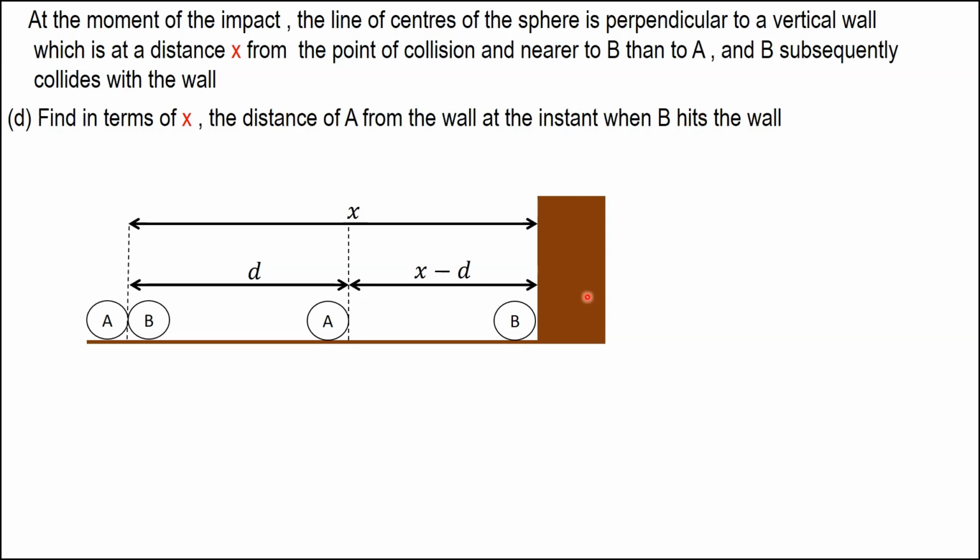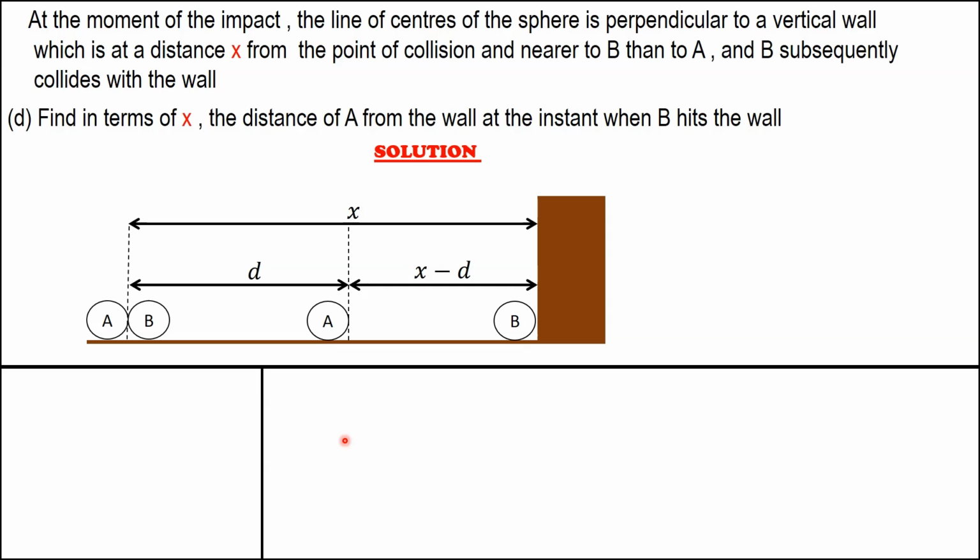So when B hits the wall, automatically sphere A will have traveled a certain distance, which I let be equal to D here. And you all agree with me that since they're asking us to get that distance in terms of x, the only parameter we are going to be looking for here is actually D. Because having D, we can therefore make the difference, x minus D, automatically. And how therefore can we obtain that distance?